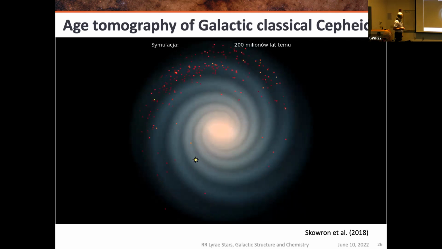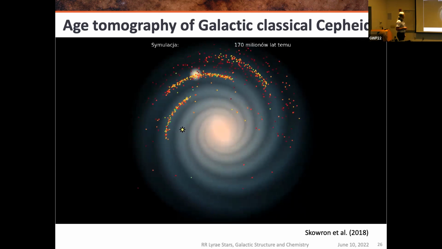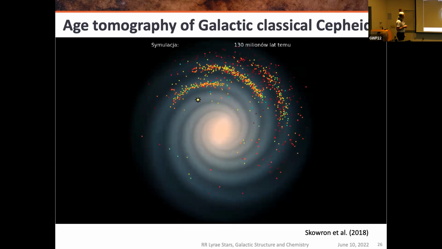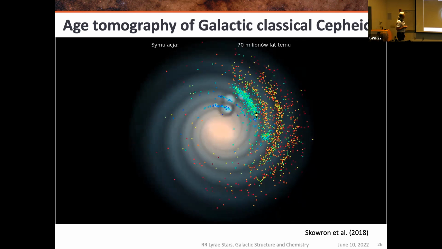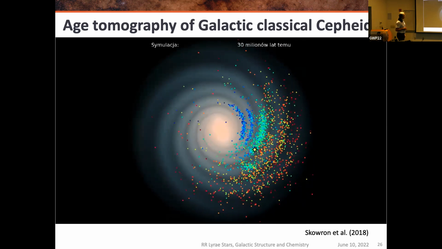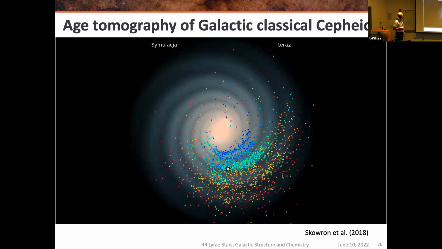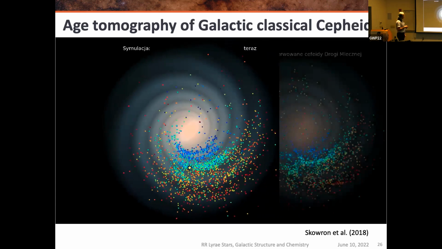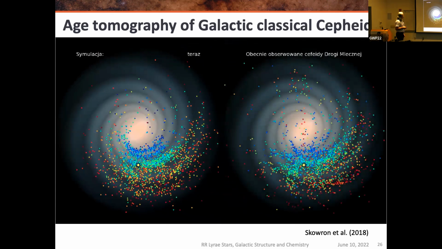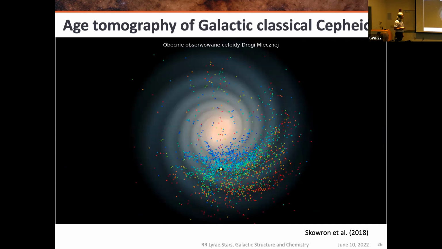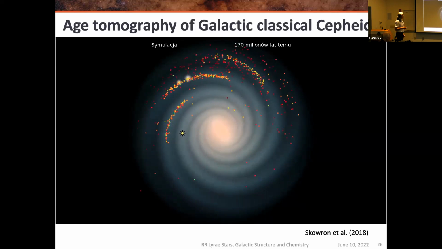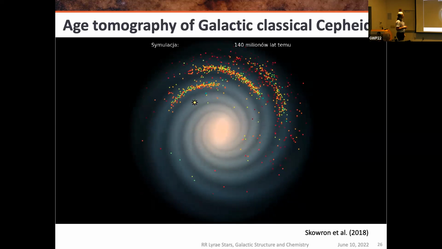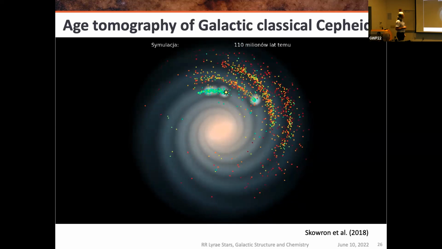made us perform a simple simulation. We injected star formation episodes in given spiral arms in a given range of times, and we evolved these stars, assuming velocity dispersion, assuming differential rotation of the stars, and finally we obtained in our simulation a very similar age distribution to that observed.